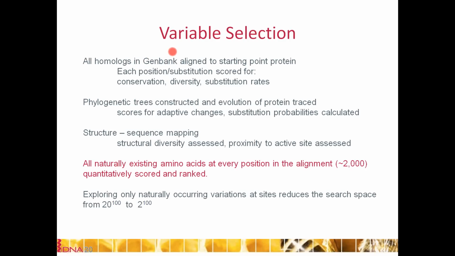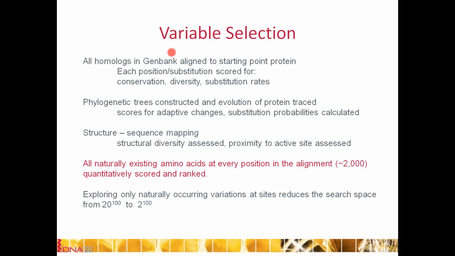Position number 1 is going to be a methionine. But position number 2, maybe it was a valine in 80% of the alignment, and isoleucine and methionine in the remaining 20%. So for position number 2 we have 3 options: valine, isoleucine, and methionine, and so on, walking our way through the entire data set.